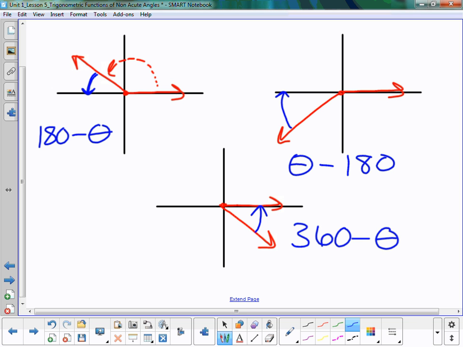So you could potentially remember those 3 expressions, or you could just know that the reference angle is always from the terminal side to the closest part of the x-axis. And it should be acute. It should be smaller than 90.